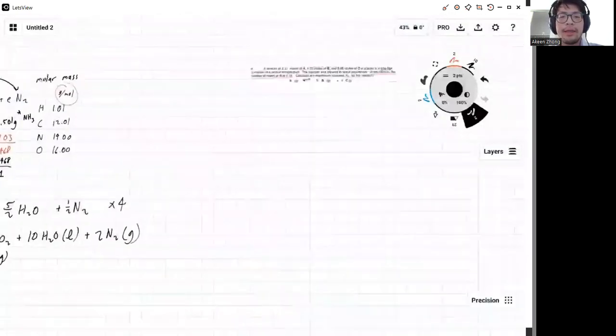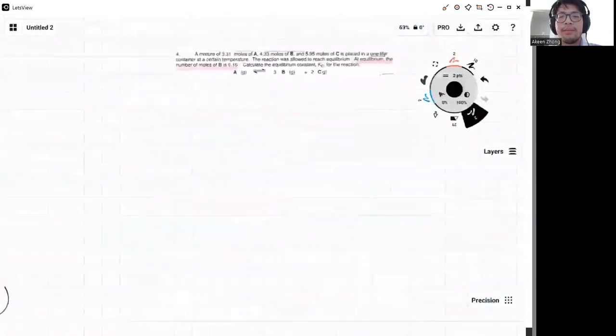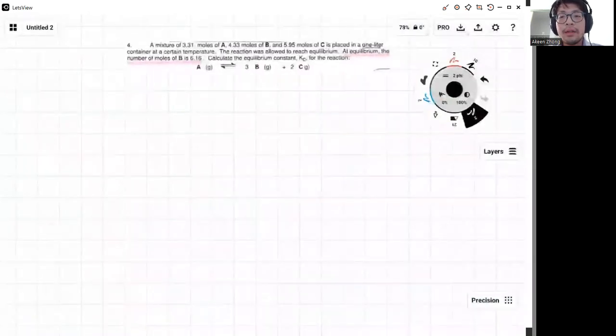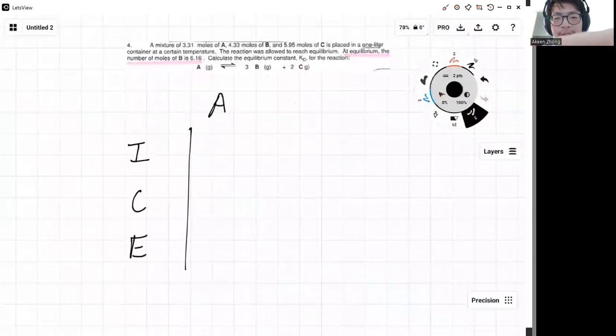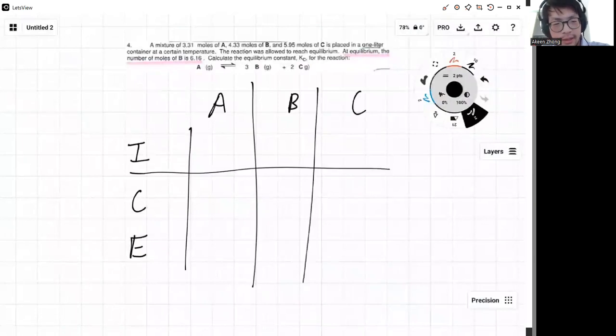So our next problem is in equilibrium. As with all equilibrium problems, the first step, it's a pretty good one, is to produce an ICE table for all the products. So there we go.